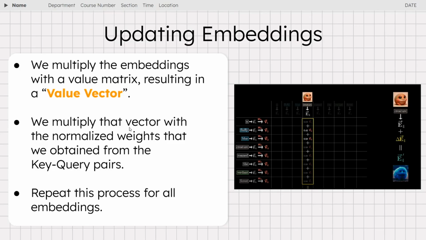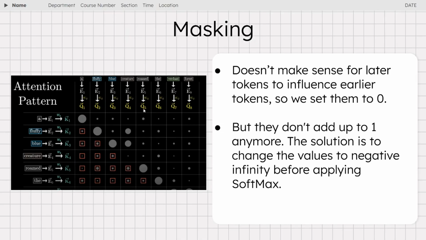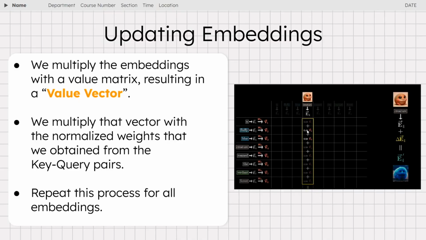And then we multiply that vector with the normalized weights that we obtain from the key query pairs. These values we gain from the previous steps after running softmax are normalized values from 0 to 1. As you can see, 0, 0, 0, 0, but this is 0.42, 0.58, and those add up to 1.